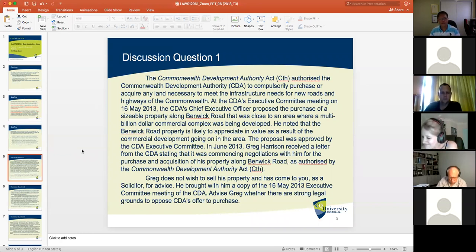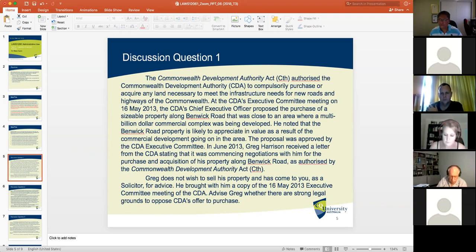The Commonwealth Development Authority Act, Commonwealth, authorised the Commonwealth Development Authority, or CDA, to compulsorily purchase and acquire any land necessary to meet the infrastructure needs for new roads and highways of the Commonwealth.